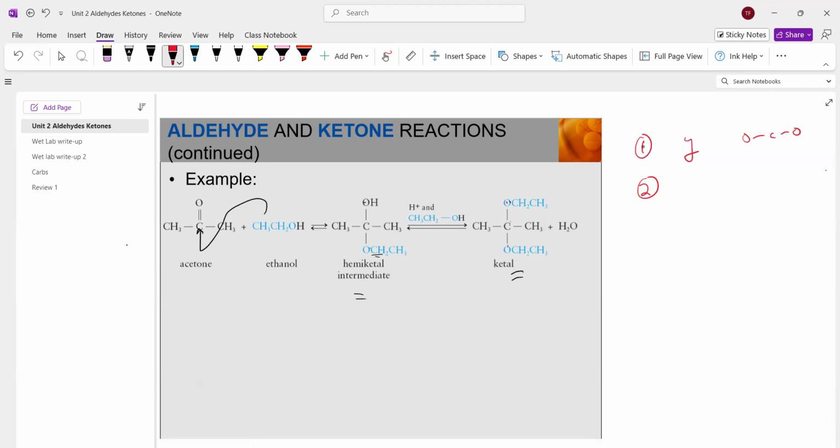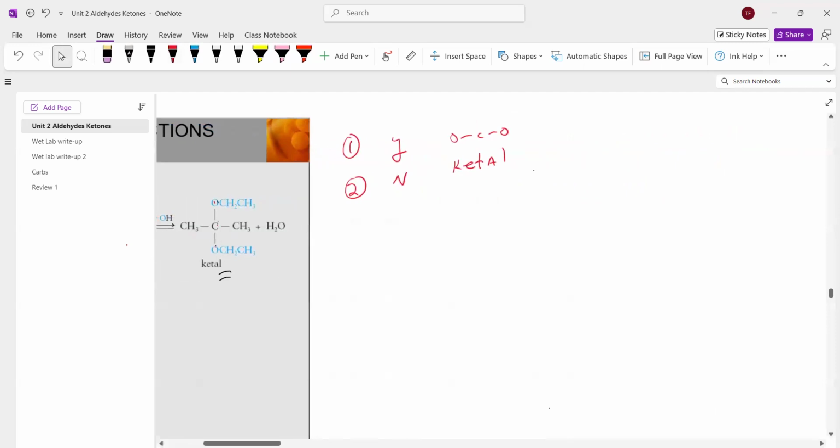No. And it's some kind of ketal, not an acetal or hemiacetal. Is OH present? No. And it's not a hemi. That means it is a ketal.